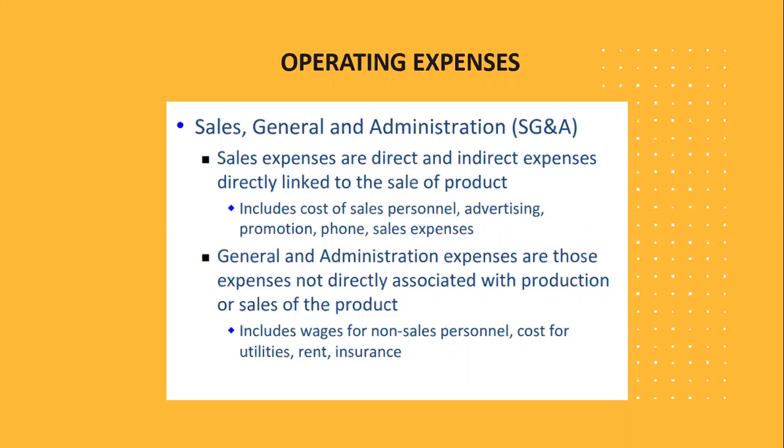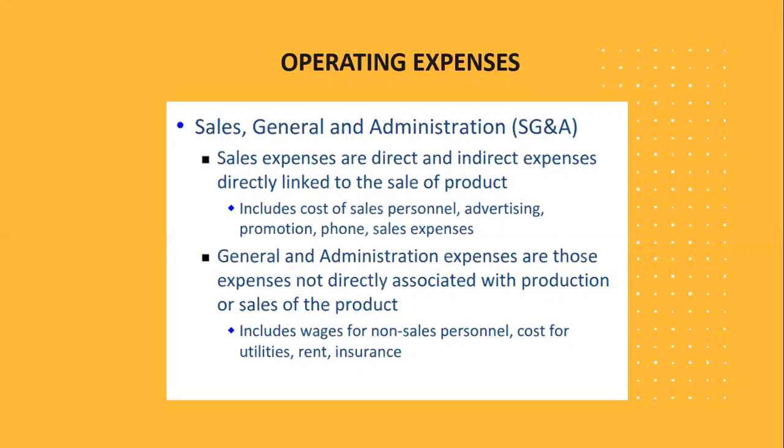So SG&A. Now, just to break this up, this includes sales costs, and all of the marketing and sales costs to really promote products fall under sales. And then general and administrative expenses. These include all the wages of non-sales people, the people that are not directly producing the goods and not actually marketing the products.